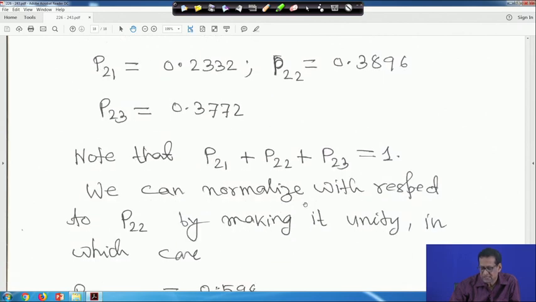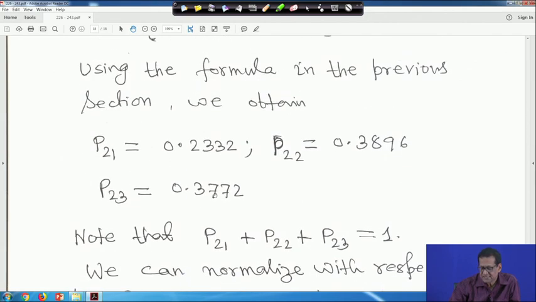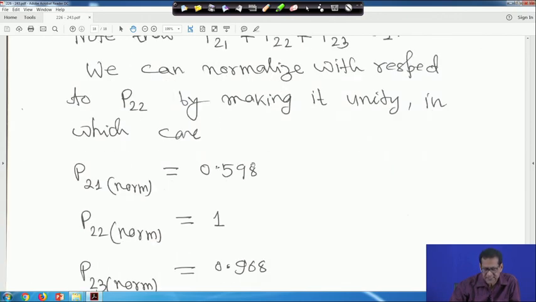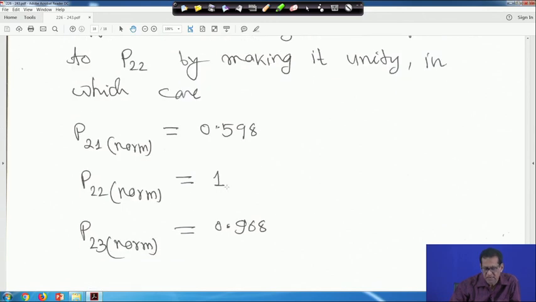We can normalize with respect to P22, making it unity, since the highest is P22, which is 0.3896. So, divide everything by 0.3896. In that case P22 normalized will be 1, and dividing P21 and P23 by P22, P21 normalized will be 0.598 and P23 normalized will be 0.968.